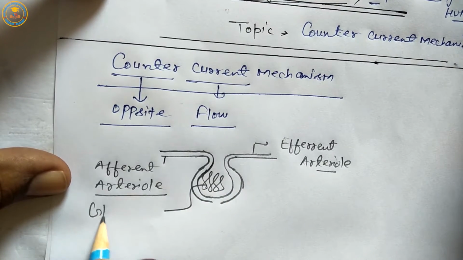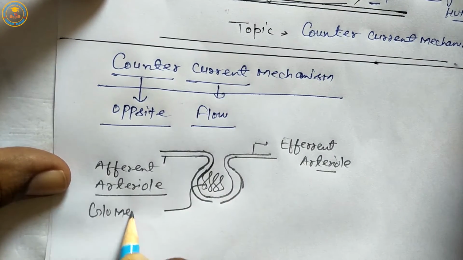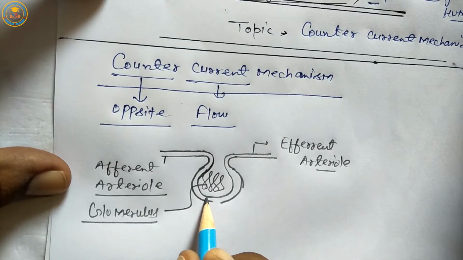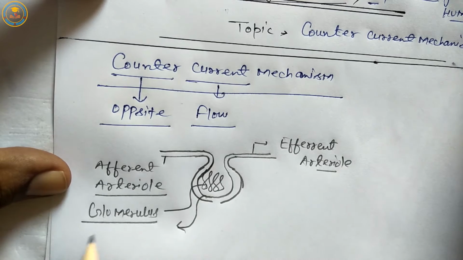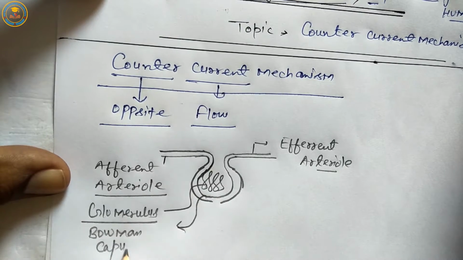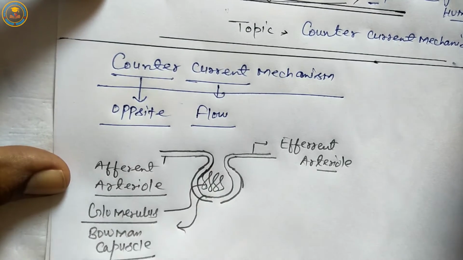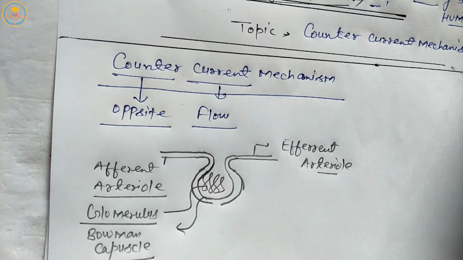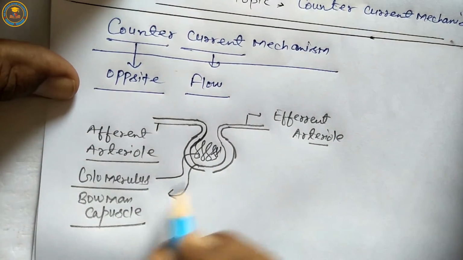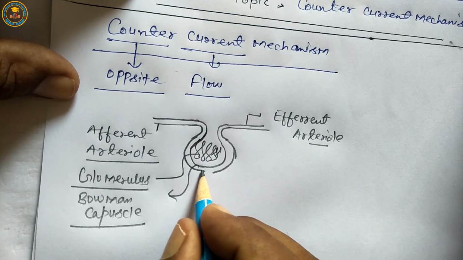It is called glomerulus, and this cup-like structure is Bowman capsule. Bowman capsule and glomerulus combined we say Malpighian body. So this first part of nephron is Malpighian body.